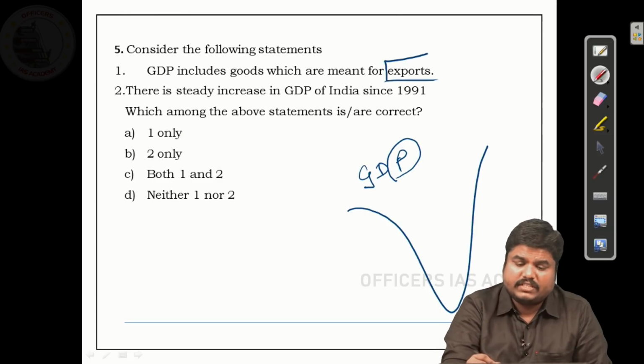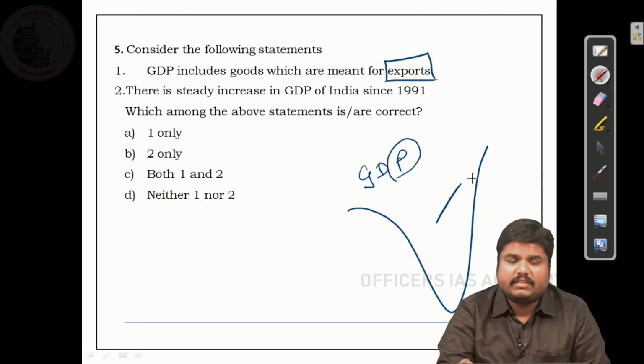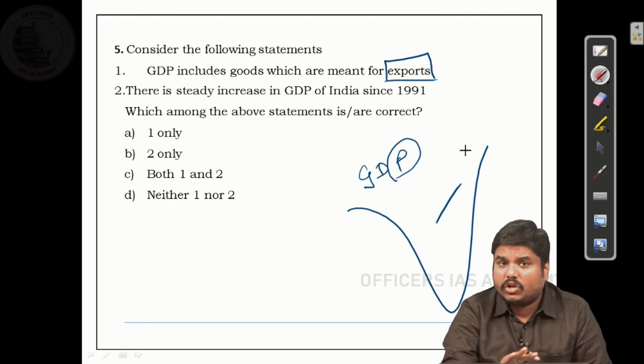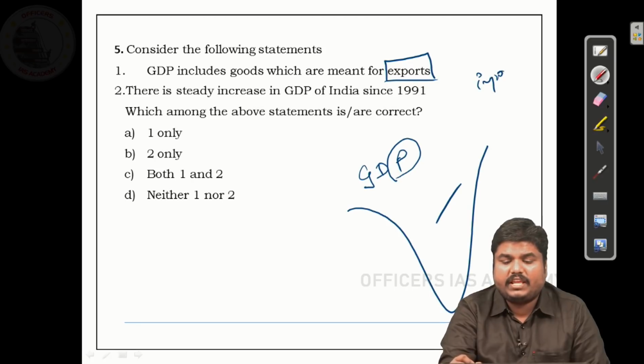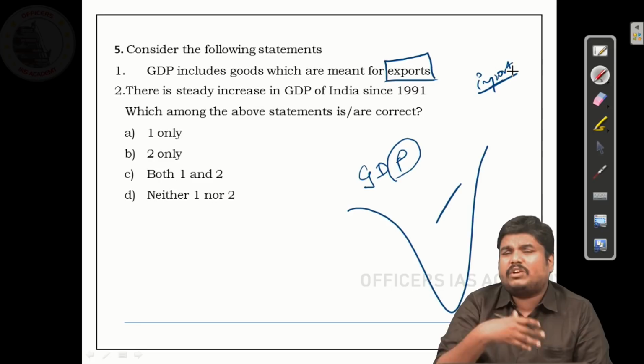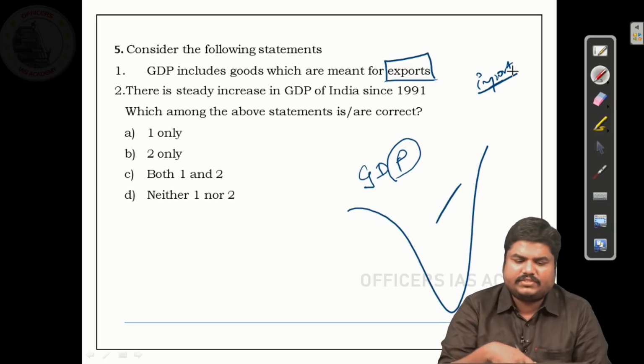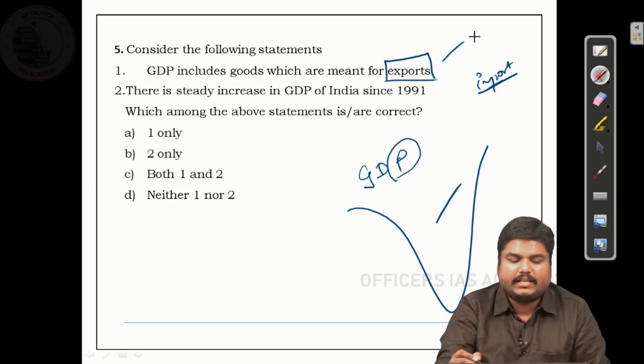The goods which are meant for exports are also produced within the boundaries of the country. So that definitely includes the exports, but it will not include the goods which we import, because those are manufactured or produced somewhere outside the country. So the goods meant for exports are included in GDP.